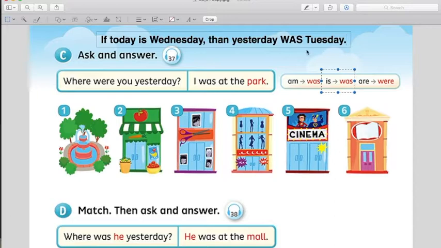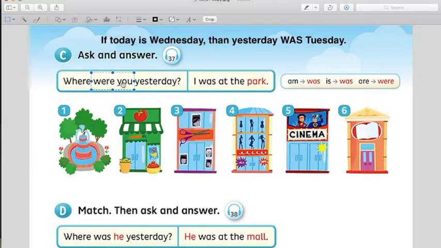So let's continue with this sentence. Where were you yesterday? The reason why we use were and not was is because we're using the word you. Whenever we use you, we use the word were.